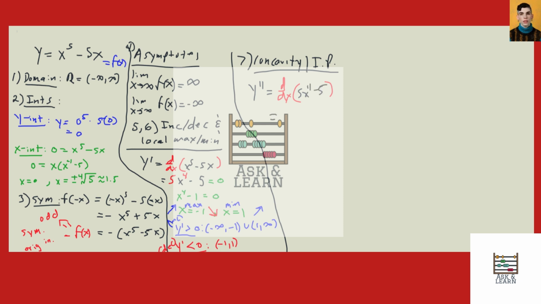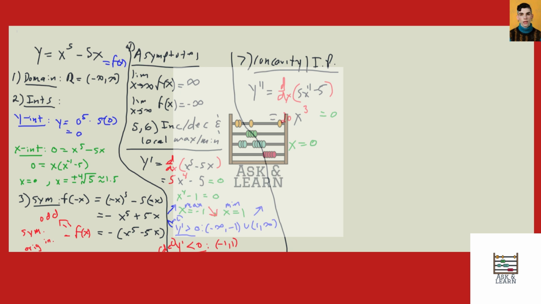So once again, to take the derivative of x to the fourth, it's power rule. So we get 5 times 4, 20 times x to the third power. And then the derivative of 5 is just 0. And let's go ahead and set this equal to 0 and solve for that really quickly. So 0, well, that's just going to be x is equal to 0.